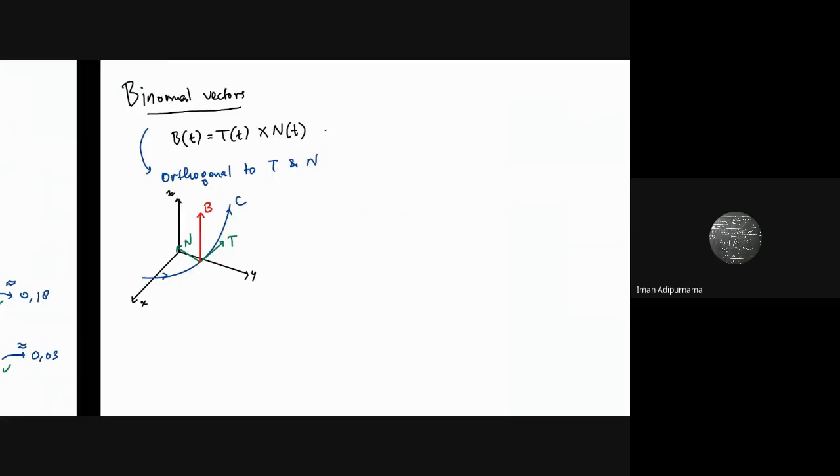We can also write this in terms of r prime, cross r double prime, divided by the magnitude of r prime cross r double prime.